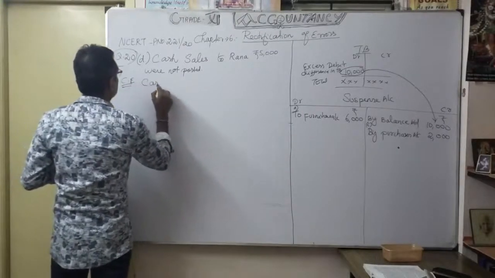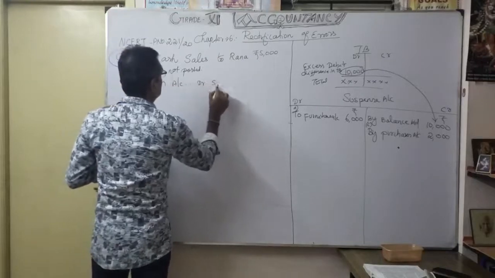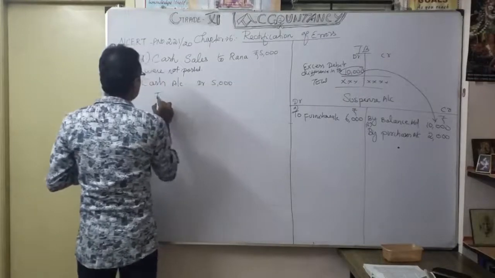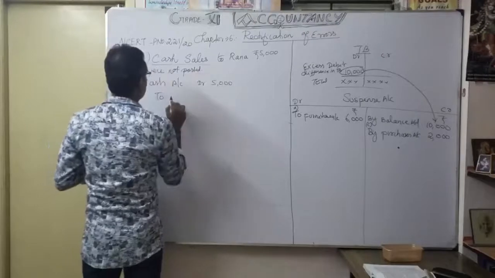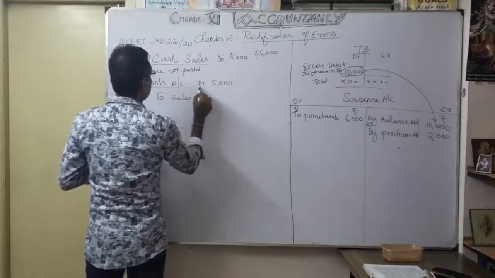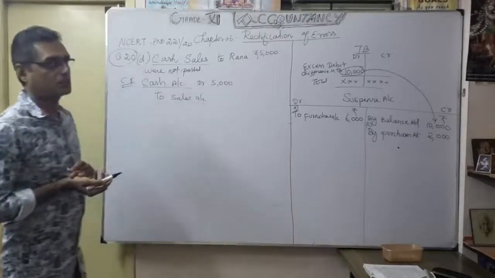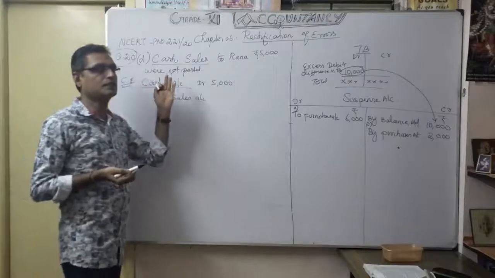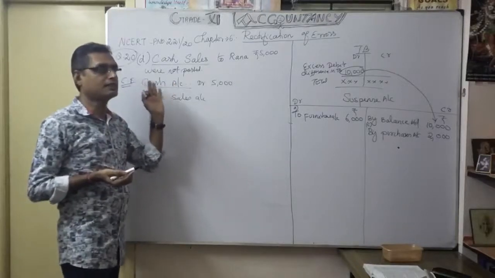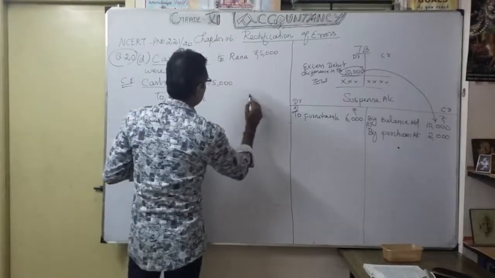So cash account debit 5000 to what? It's a cash sales. So we can do it directly cash only. Cash account debit 5000 to sales account. Don't debit Rana account because here there is no credit sales. Here they clearly given it is a cash sales. So cash account debit 5000 to sales account 5000.